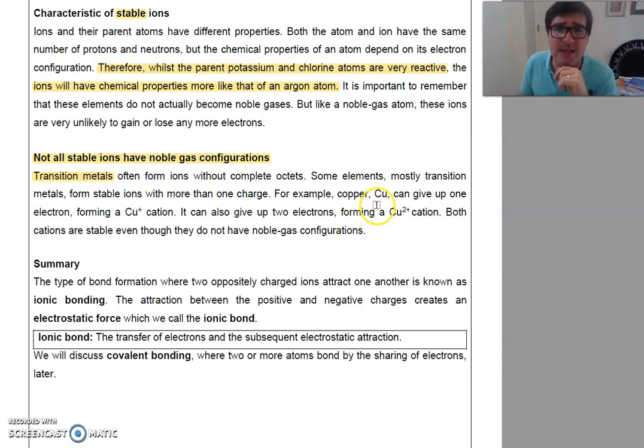An example of this is copper. Copper can form a cation with a charge of 1 plus, or it can lose 2 electrons to form a cation with a charge of 2 plus. Both cations are stable, but none of them have noble gas configurations. That you will learn about later in chemistry if you continue with it in grade 11, 12, and onwards.